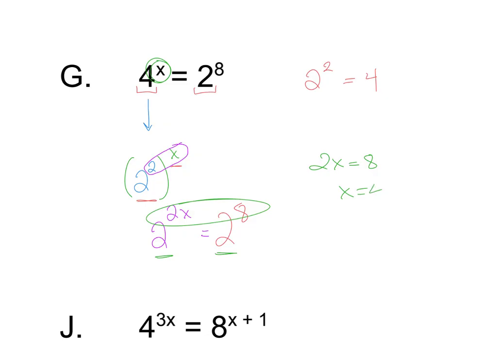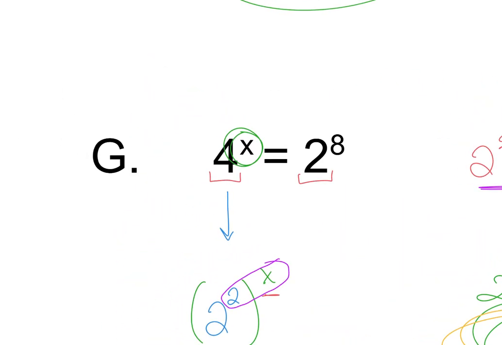So x has got to be 4. Now, just by the way, this 4 has nothing to do with this. That's a coincidence, okay? Because the idea is if you took this 4 and went up here and did 4 to the 4th power, it would be the same as doing 2 to the 8th power.